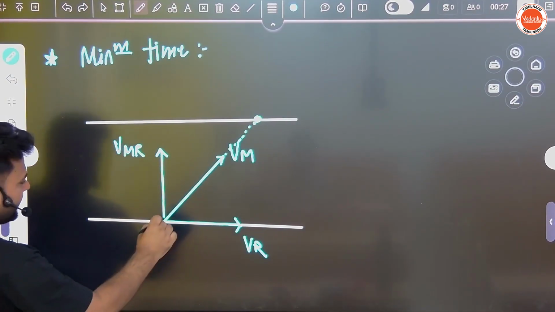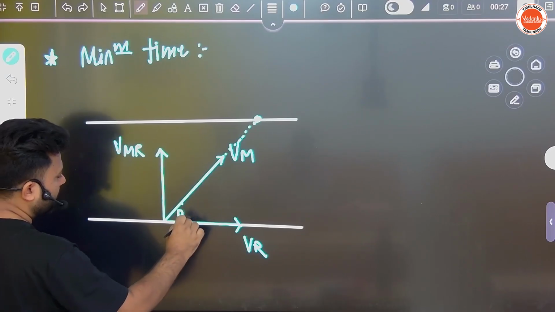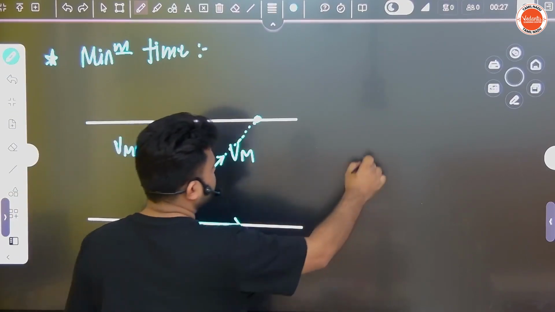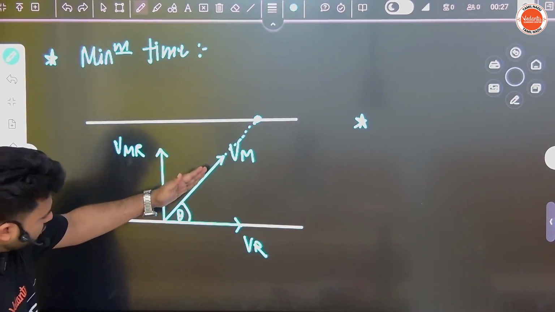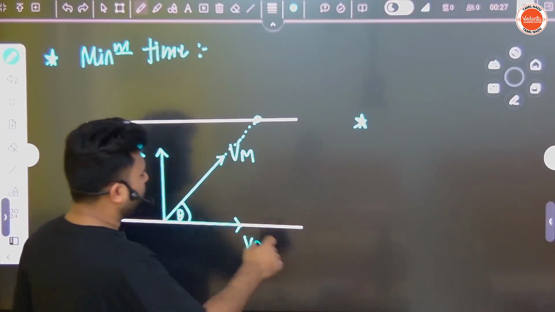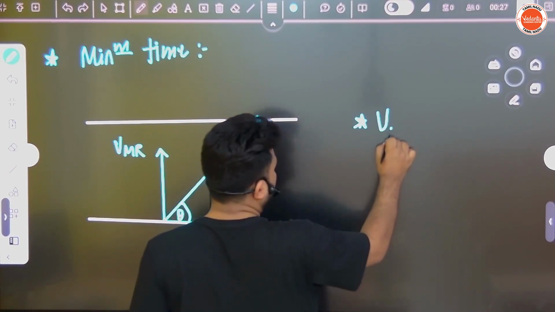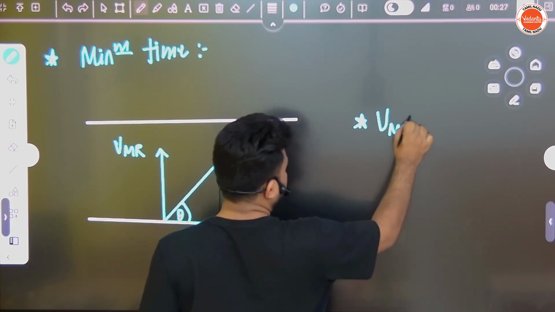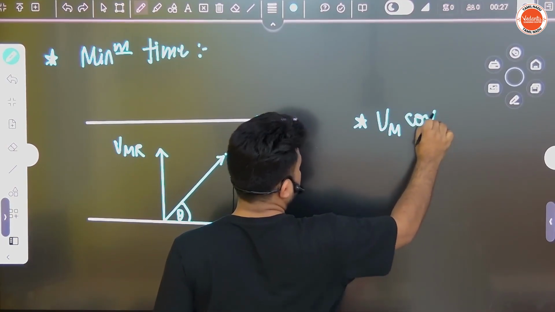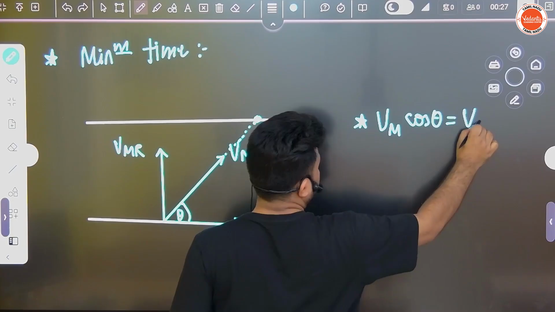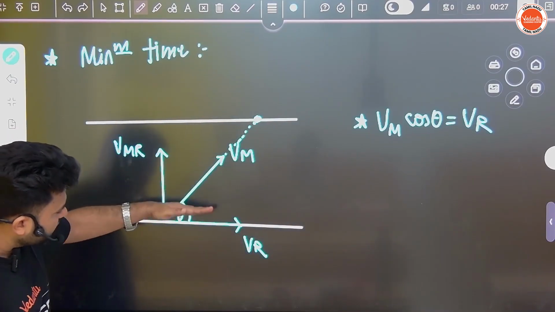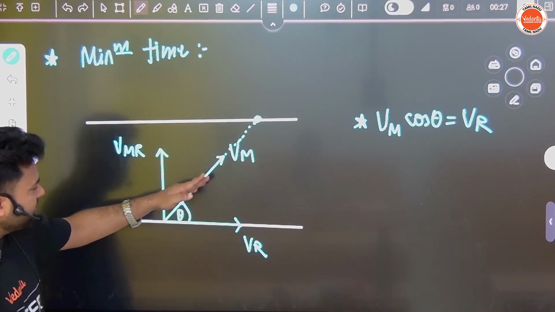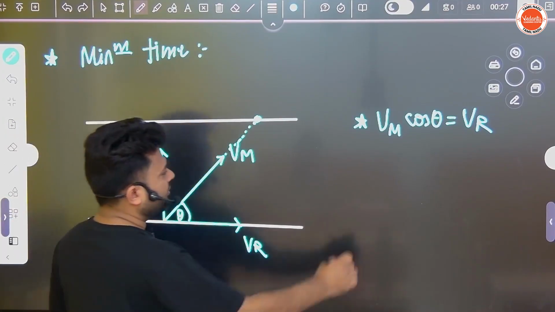So suppose this is the angle theta. What things we can write? First, this is Vm, you rotate towards theta. So it will be Vm cos theta. So Vm cos theta is equals to VR. See, Vm, this is theta, Vm cos theta is equals to VR and Vm sin theta will be equals to VMR.